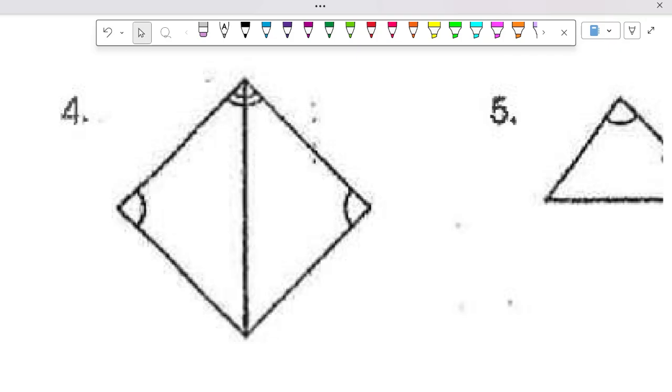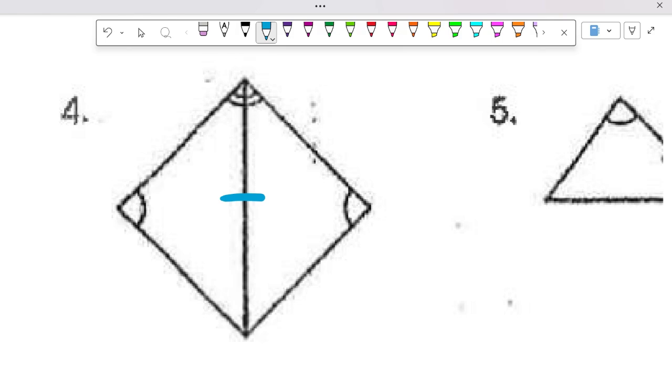First off, what can I mark for sure? They share the same side. I can definitely mark that. Now, 2 angles and a side. That means it can be one of 2 things. It can either be ASA or AAS. That's how you can figure out essentially what postulate you're using. Look at what's marked.